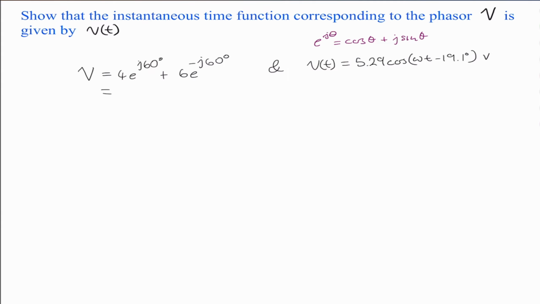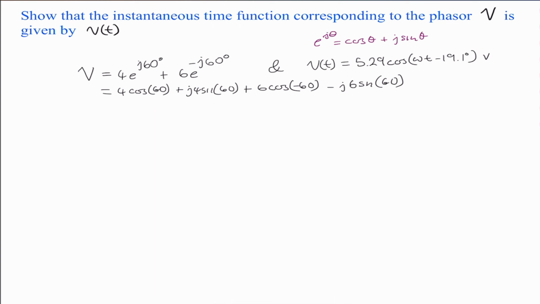So this is then equal to 4 cosine 60 plus j4 sine 60, plus 6 cosine negative 60. Cosine is an even function, so that will turn out to be 6 cosine of 60 and a minus j6 sine of 60.